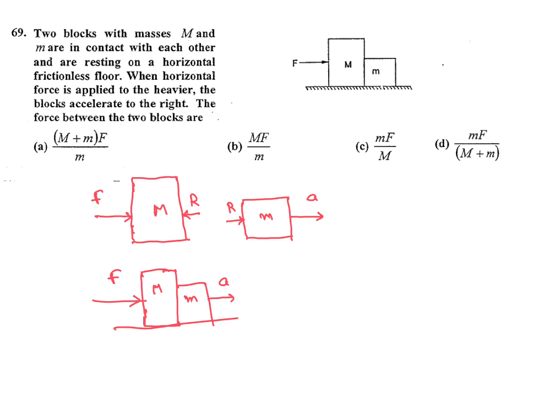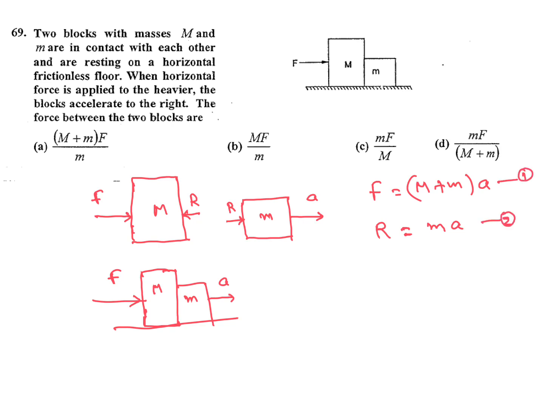So if we take the combined one first, force F equals M plus m into A. For the smaller one, small body, force R is small m A. This is equation 1 and this is equation 2.